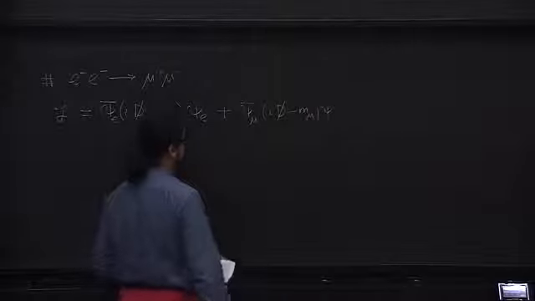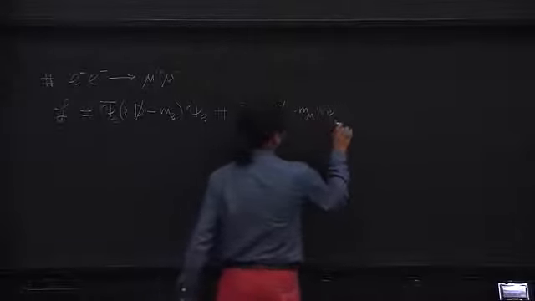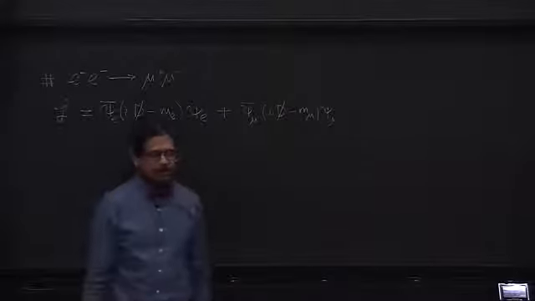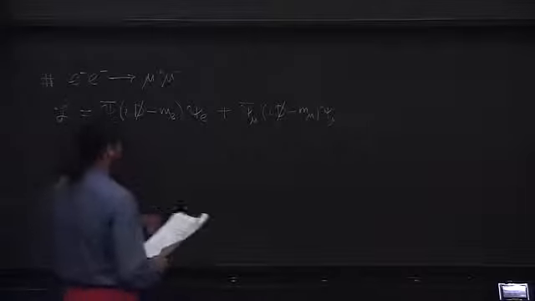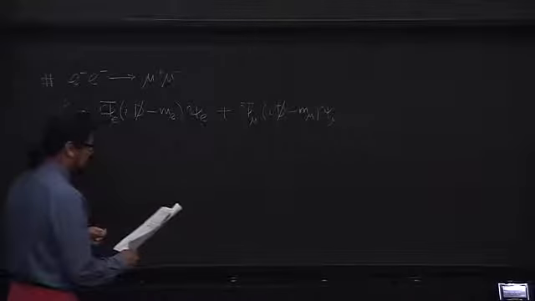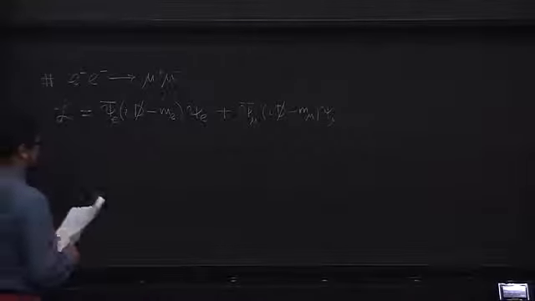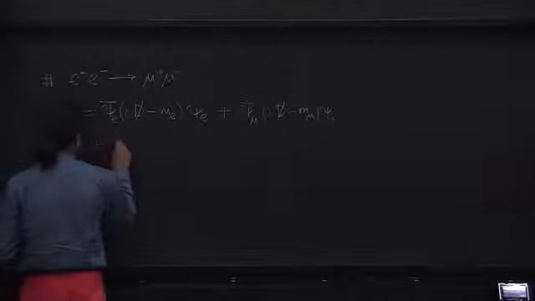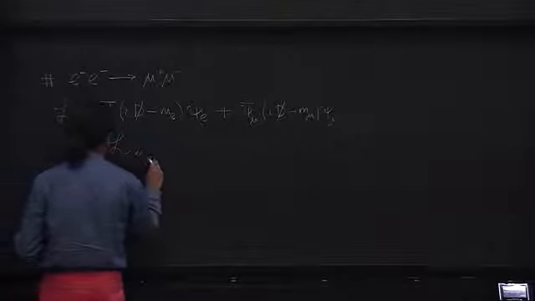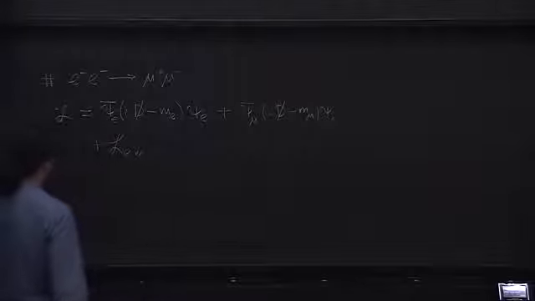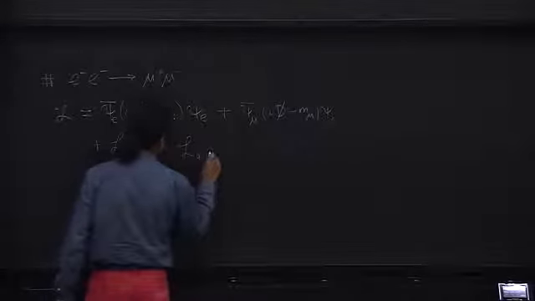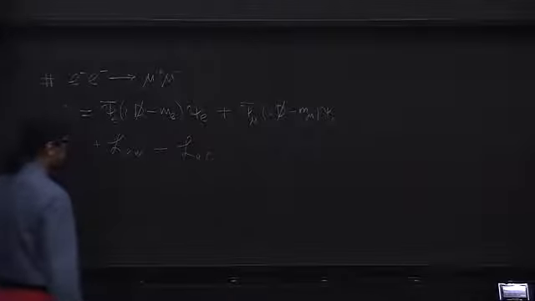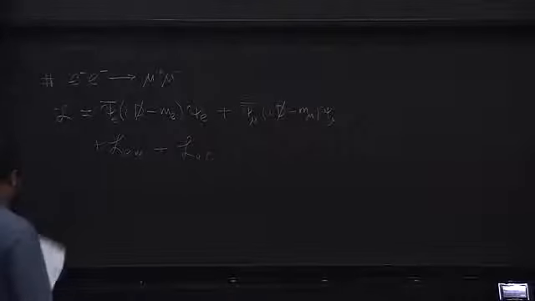So the mu here is not a space-time index; it just labels the fact that this fermionic field is a muon. Then we have the interaction part and, very importantly, the gauge-fixing part, because otherwise our propagator would not be well defined.